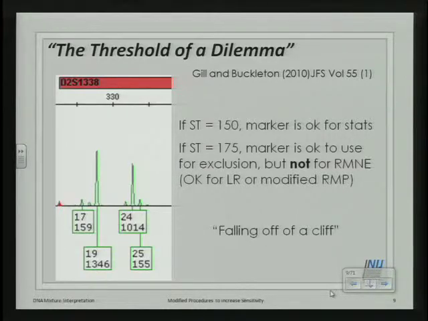We also have a minor contributor here at 17 and 25. Now, if my stochastic threshold is at 150, we're okay. We can use this locus in exclusionary statistics, and we could do the CPI as normal.